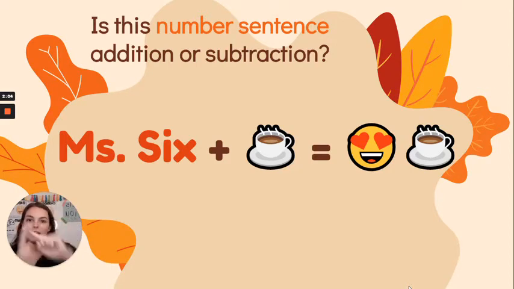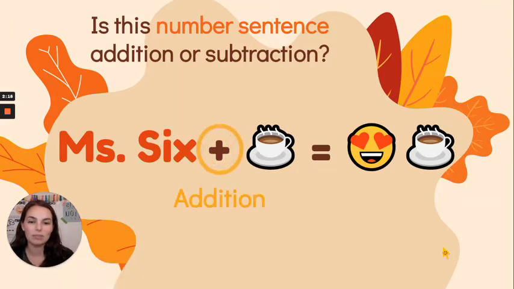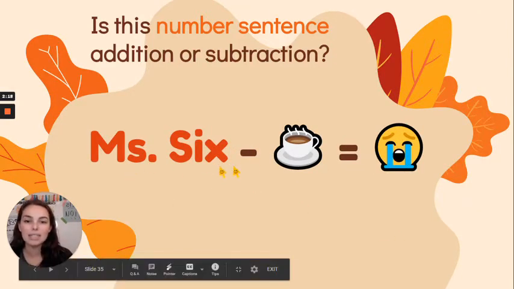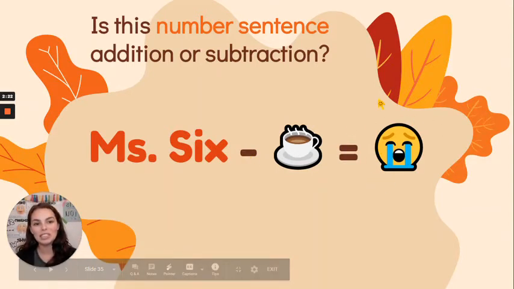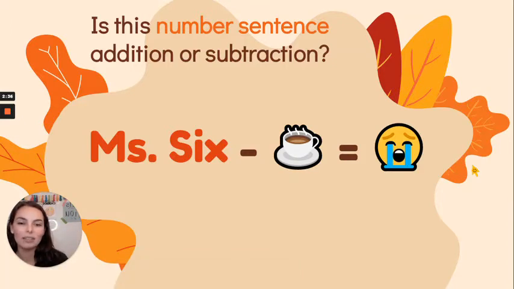Well, I can tell by the plus sign we were adding, and then if I look over here after the equal sign, I have more. So yes, I'm adding. Let's look at this one. Miss Six minus coffee equals sad. So if I had a cup of coffee and somebody took it away from me, that would make me really sad. And do I have any coffee anymore? No. So that would be subtracting, taking away.